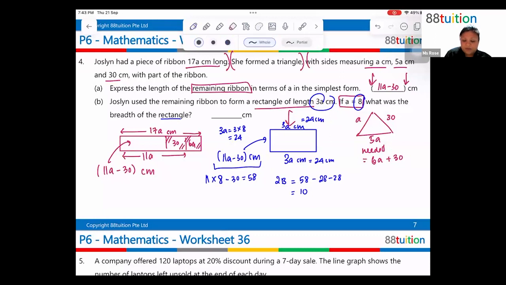Sorry, not 28, 24. We're left with 10 cm because 24 and 24 makes 48. 58 minus 48 is 10. So that means the breadth of the rectangle will be 5 cm. Okay, got that? Questions, anyone?